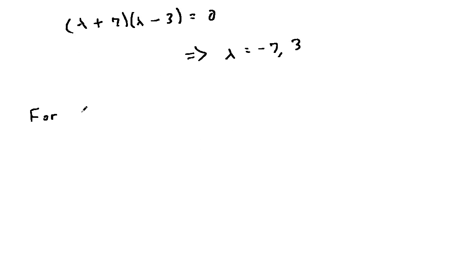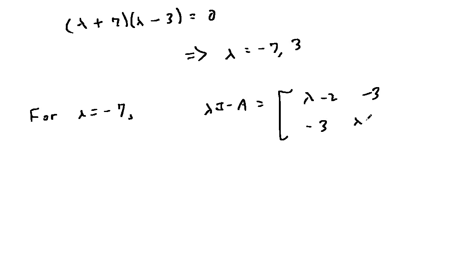Now for lambda equals minus 7, plug this value into lambda I minus A. Okay, remember that was this. Okay, so if I plug in negative 7 for lambda, I get this.